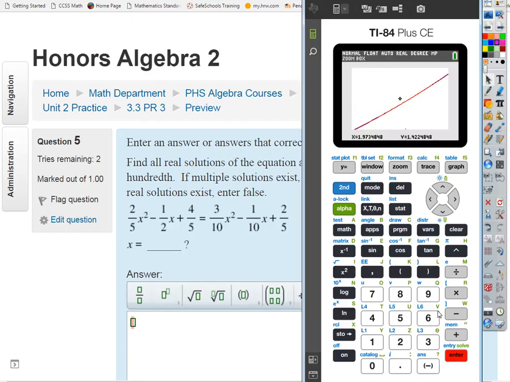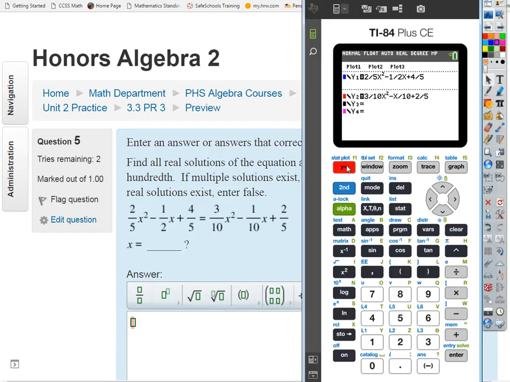So it looks like it's only grazing it in one spot, although it's pretty tough to tell on here, isn't it? The graphical method is sort of falling down on this one. We'd probably just want to do this one by solving with a quadratic equation or something.